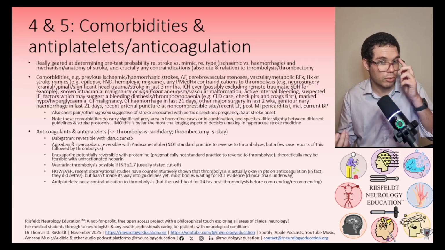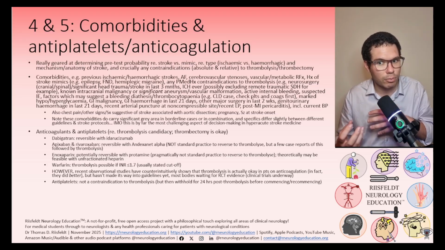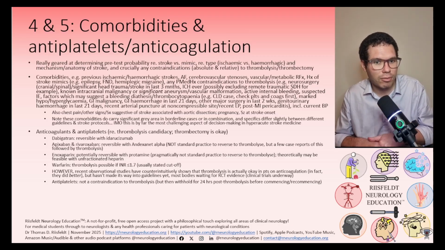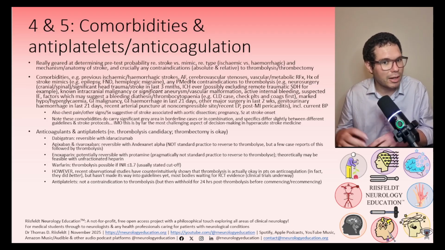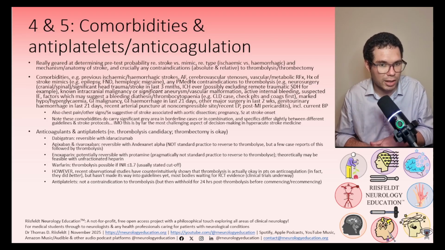So a very small cerebral aneurysm, a few millimeters, is probably not significant, but if you've got an aneurysm approaching the 7, 8, 9, 10 millimeter mark or into the centimeters, then many people would consider that to be an absolute contraindication to thrombolysis.